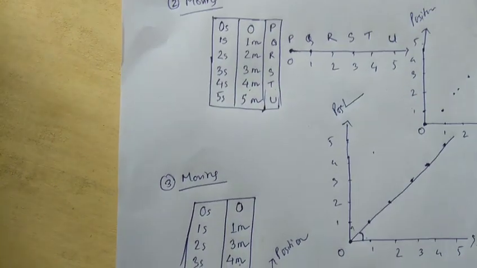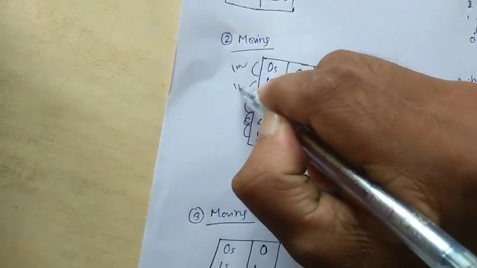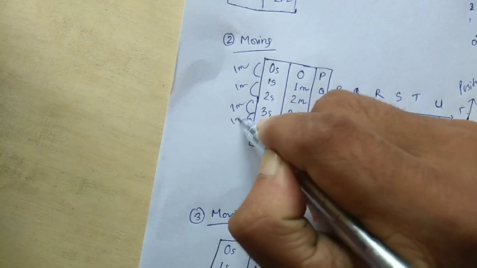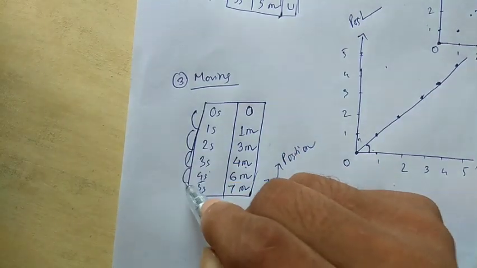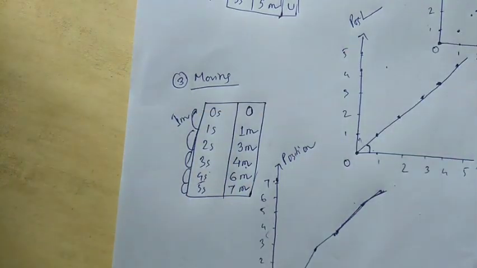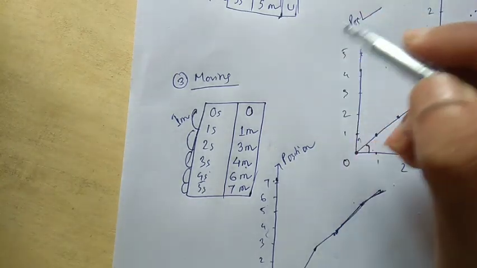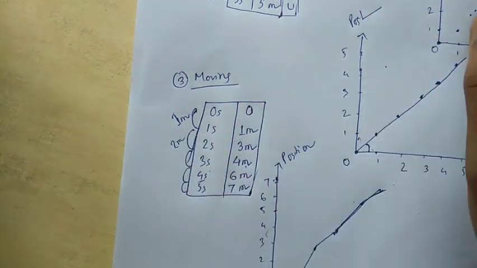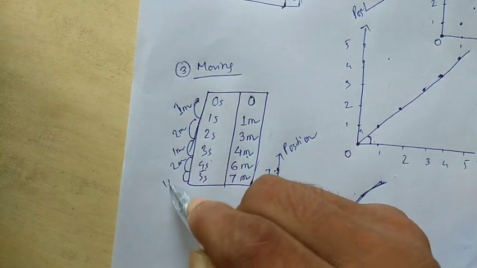That means what? In the second case, in each 1 second the body has traveled 1 meter. But in this case, it is not uniform. In the first second, the body has traveled 1 meter. For the second, it has moved 2 meter. Again 1 meter, again 2 meter, again 1 meter.